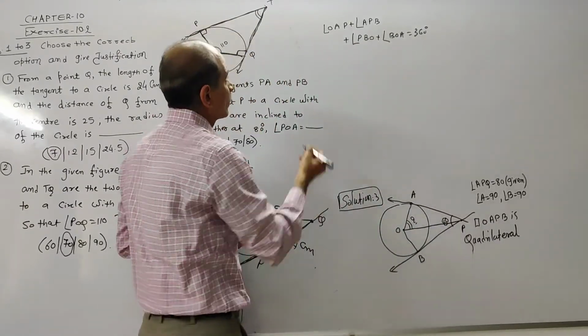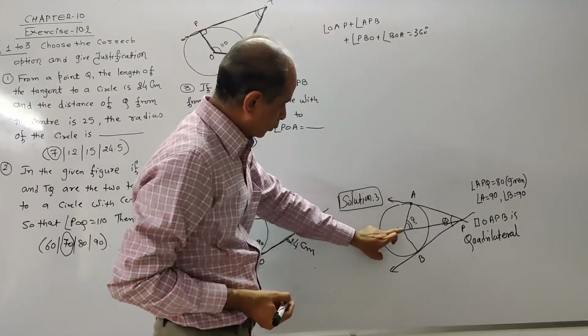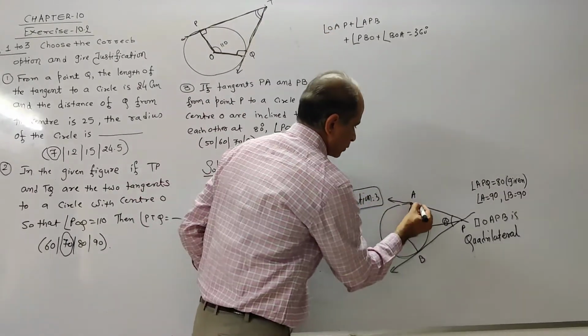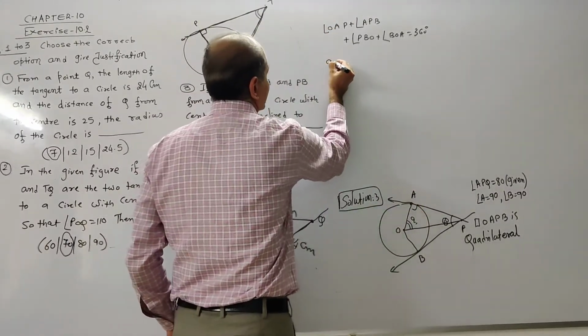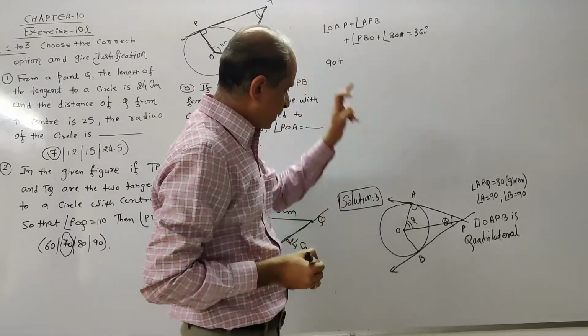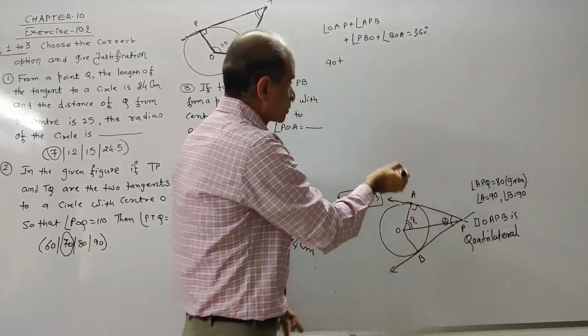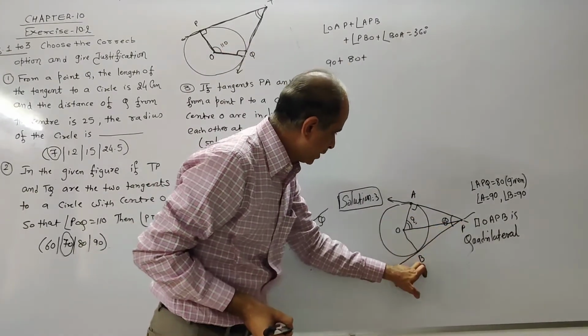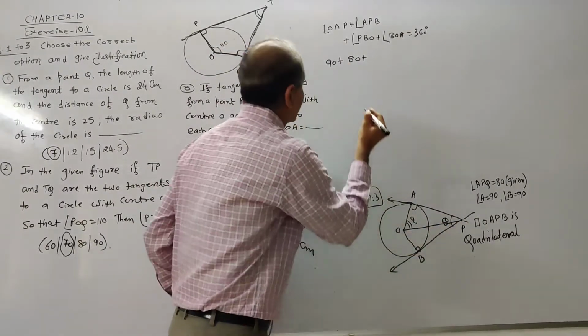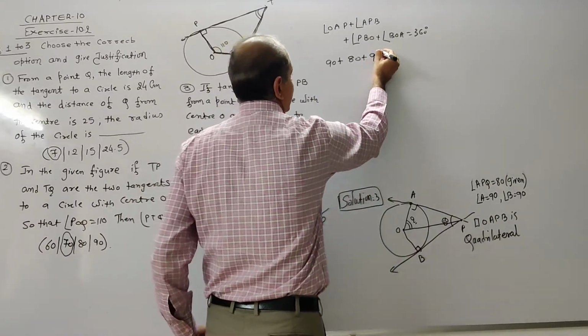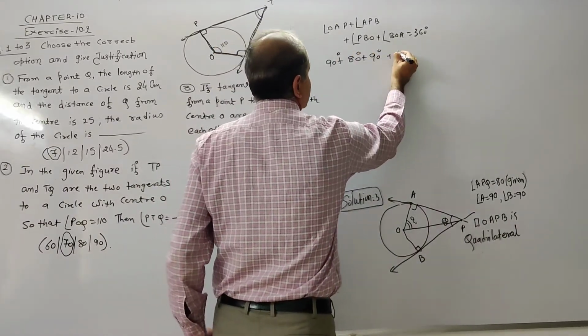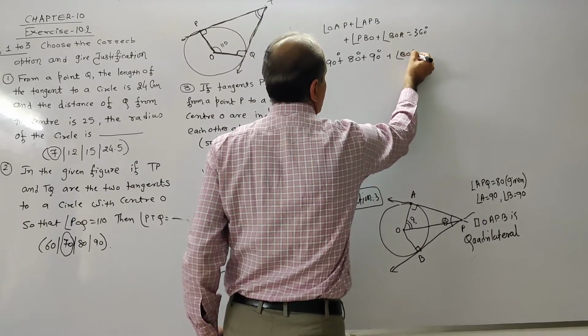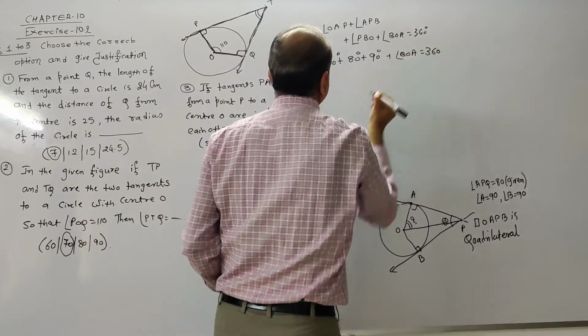Now OAP, according to this principle, is 90 degrees, plus APB is also given to you, that is 80 degrees, plus PBO is also 90 degrees according to concept number 9, plus angle BOA is equal to 360 degrees.